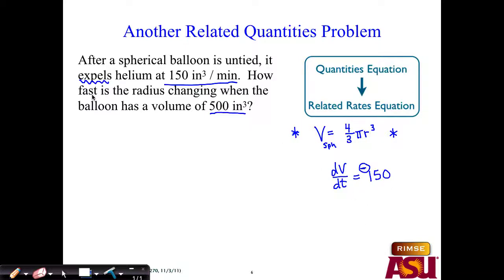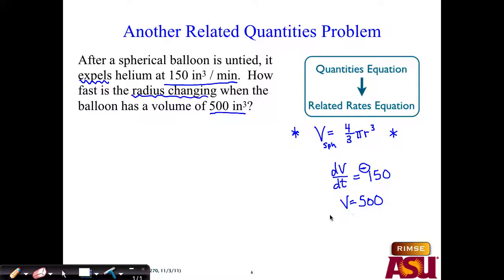Let's see, how fast is the radius changing when the balloon has a volume of 500 cubic inches? All right, so we're talking about a moment in time when the volume is 500. We're supposed to be finding how fast the radius is changing. If I'm looking for a symbol to describe how fast the radius changes, what would I maybe write for that?